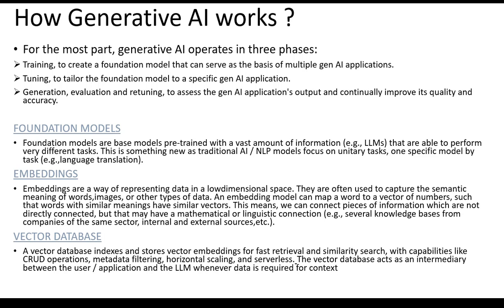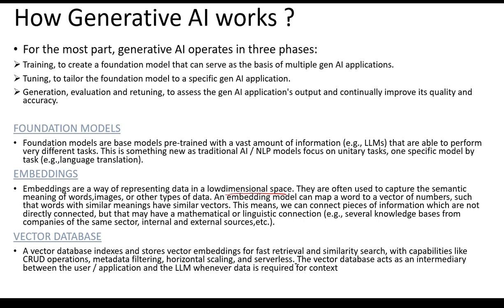Then coming to the base of Gen AI, that is embeddings. So embeddings are a way of representing data in a low dimensional space. Because suppose you have multiple data points, visualize the data as in an Excel where you have thousands of columns, thousands of features.